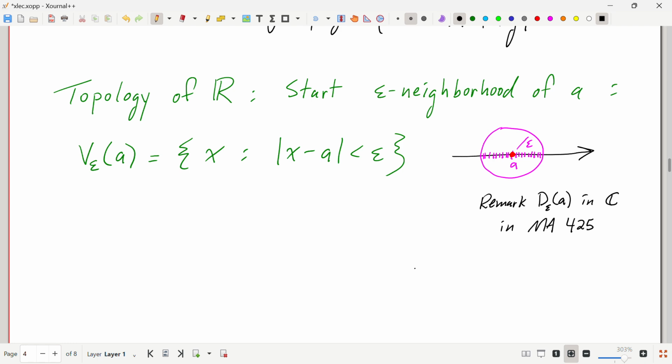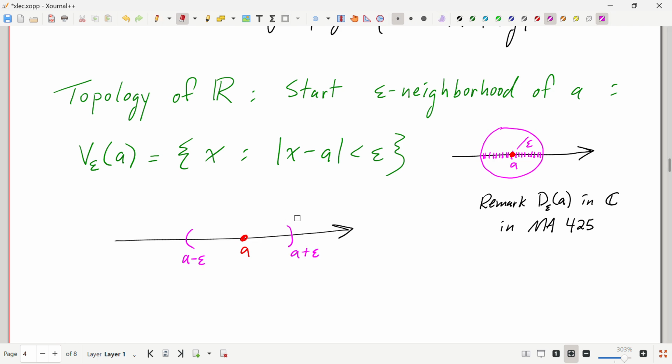So when I don't cheat and go into the complex plane, it's standard to write this set like this. So here's an A. They make little parentheses like this. This point is A minus epsilon, and this point is A plus epsilon.